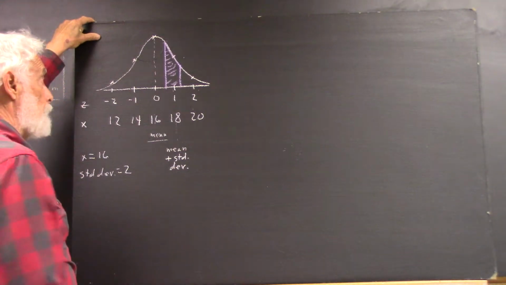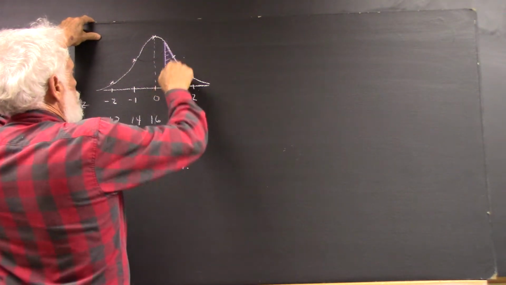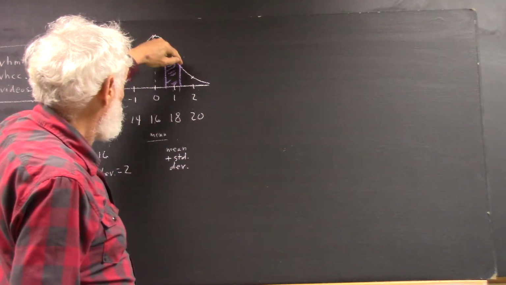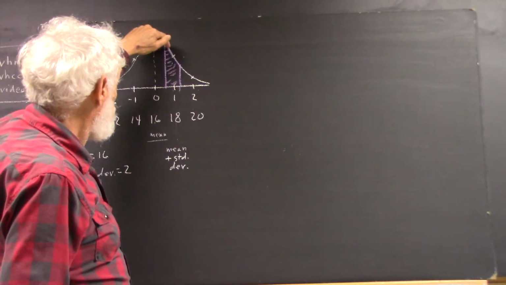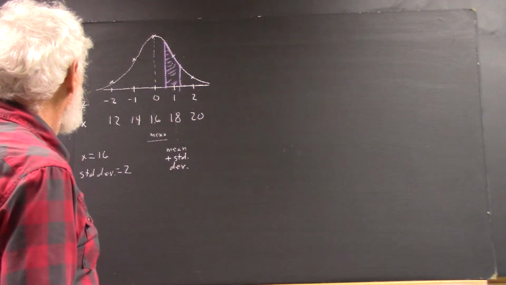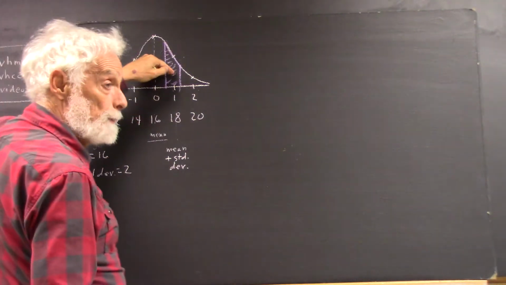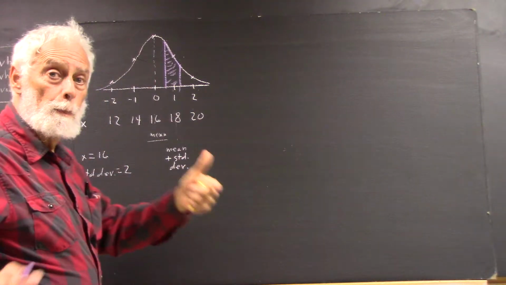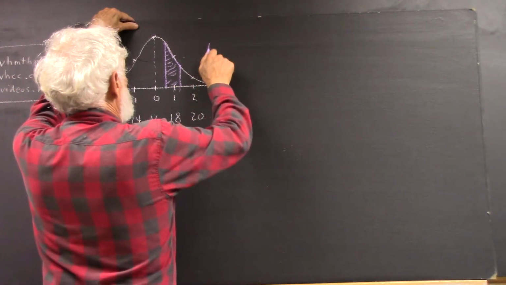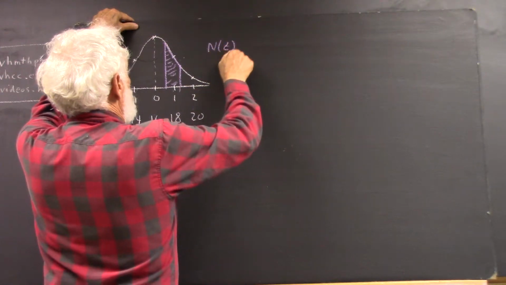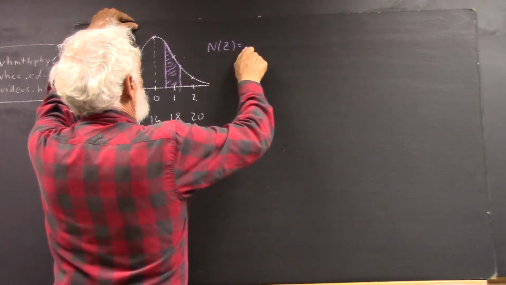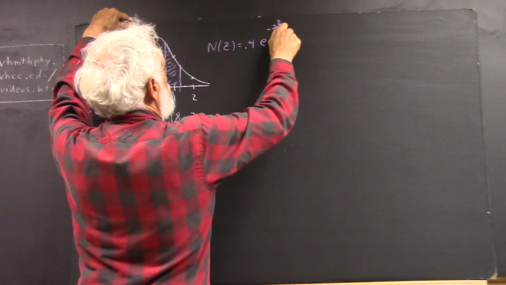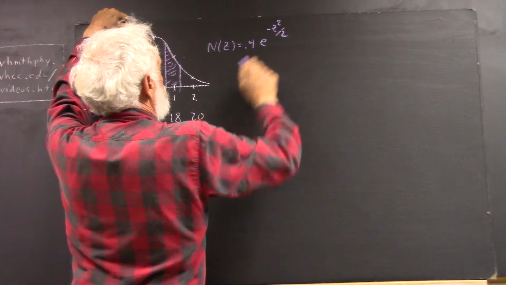If we want a better approximation, we could break that region into a bunch of smaller trapezoids so that the segment at the top of the trapezoid would stay closer to the curve. But we could estimate its area, and then we could get a good approximation of its area using the function n of z equals 0.4 e to the negative z squared over 2.